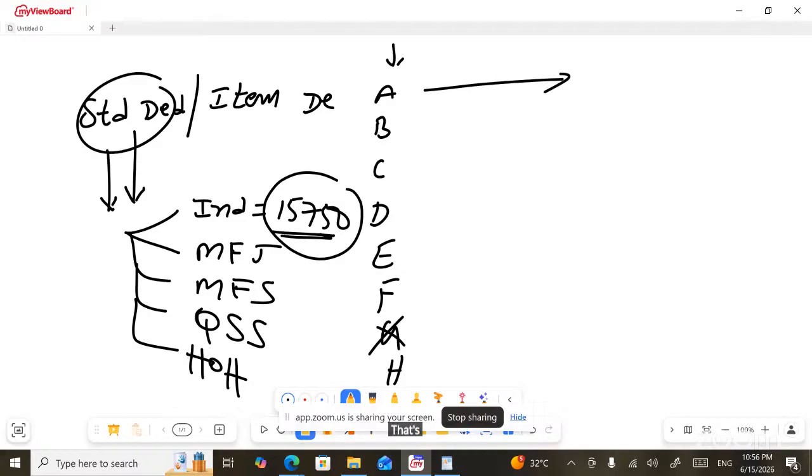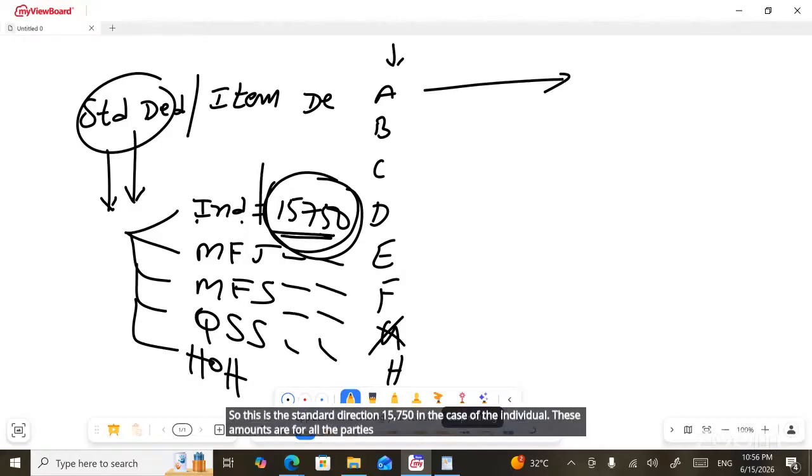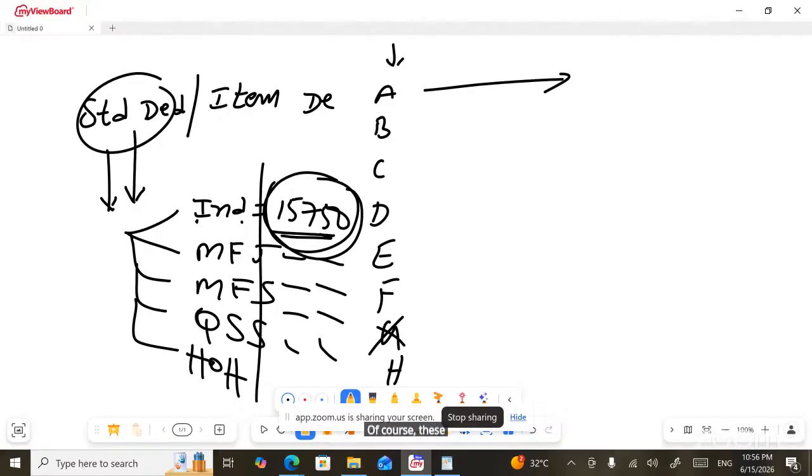So this is the standard deduction, 15,750 in the case of the individual. These amounts are fixed by the act itself for all the parties. Of course, these figures change every year according to the decision of the government.